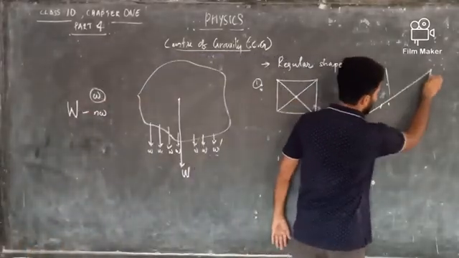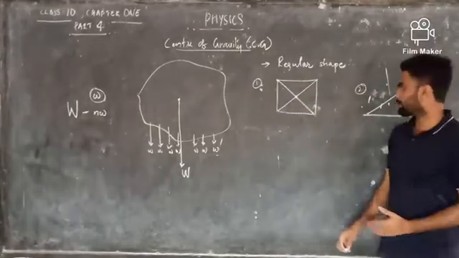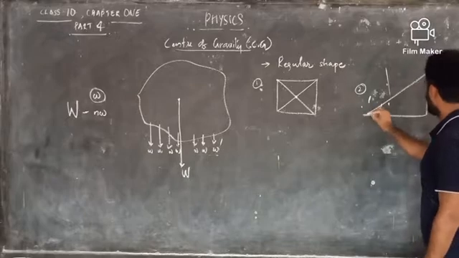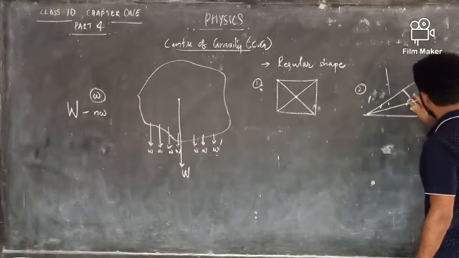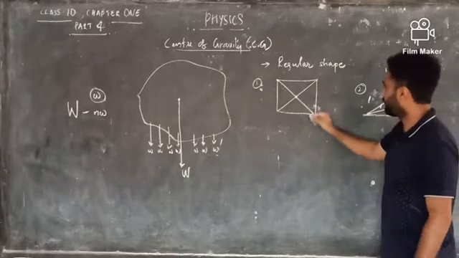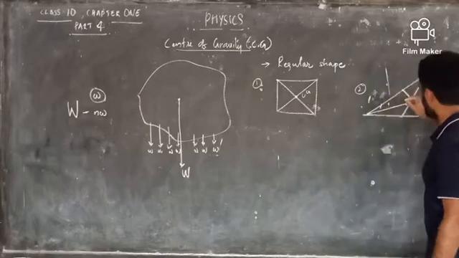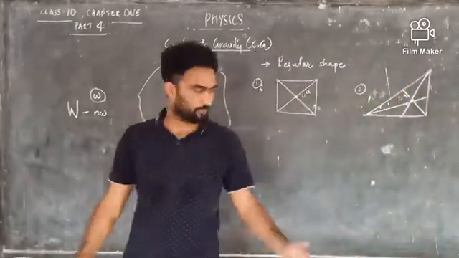If it is a triangular lamina, the center of gravity can be determined with the help of the medians from the three vertices. They will intersect at a particular point, and that point will be the center of gravity. Clear? The intersection point of the medians.